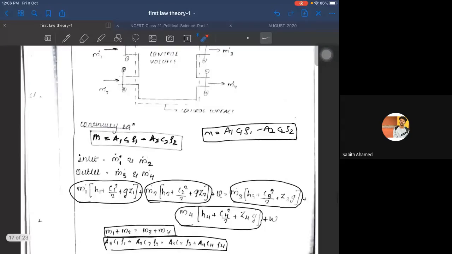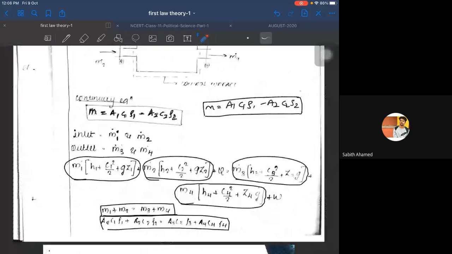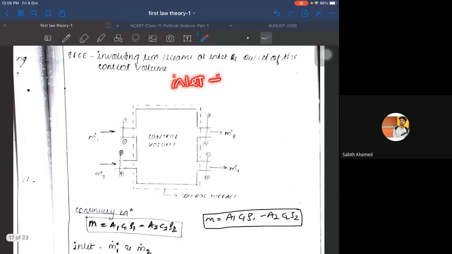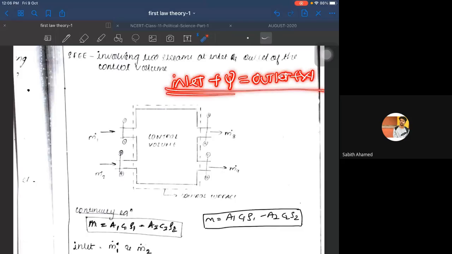Same thing. Always remember, inlet plus Q will be equal to outlet plus W. Whatever amount of inlet there could be, you can just add it up here. Whatever amount of outlet there could be, you can just add it up here. As simple as that.